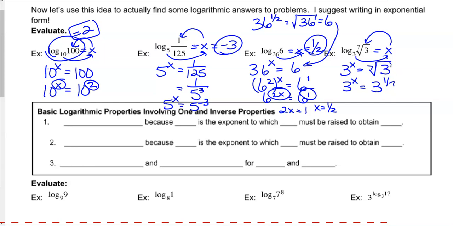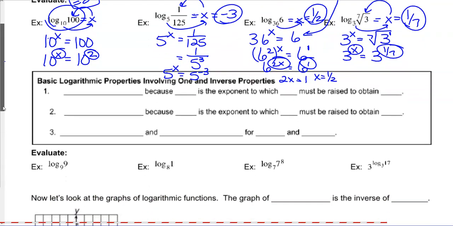And when I do that, these bases are equivalent. Therefore, my x has to equal that 1/7. This whole problem is equal to 1/7. The power that makes that true is 1/7. Okay? All right. So that's going from basic logs down into exponentials to find out what power makes that true.